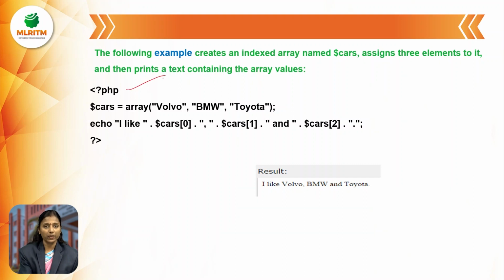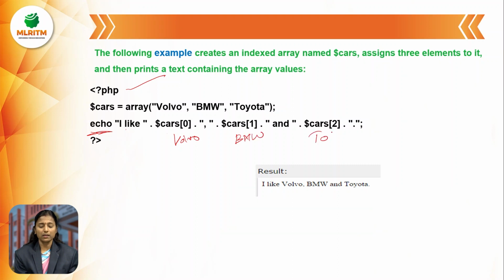Here in PHP, the cars array Volvo, BMW we have represented with an array. But here echo I like cars 1 and cars 2. Here when we are printing this PHP statement, this echo will be used. Echo I like, first one will be printed as Volvo. Here Volvo. Then here BMW.